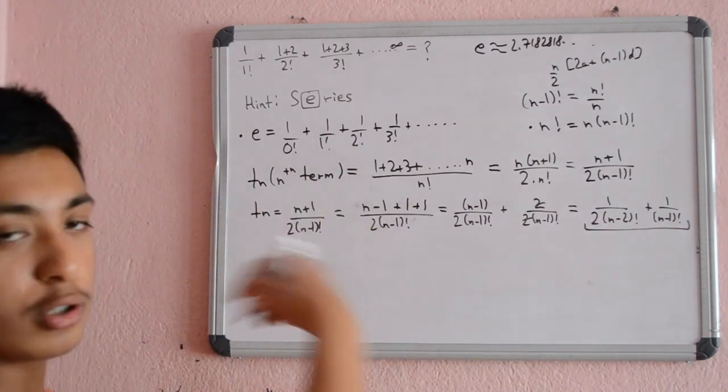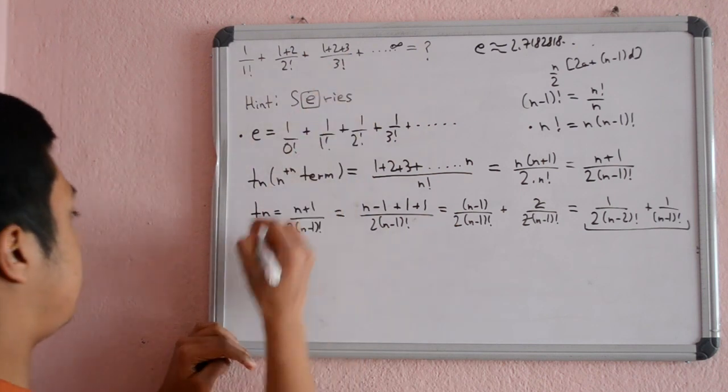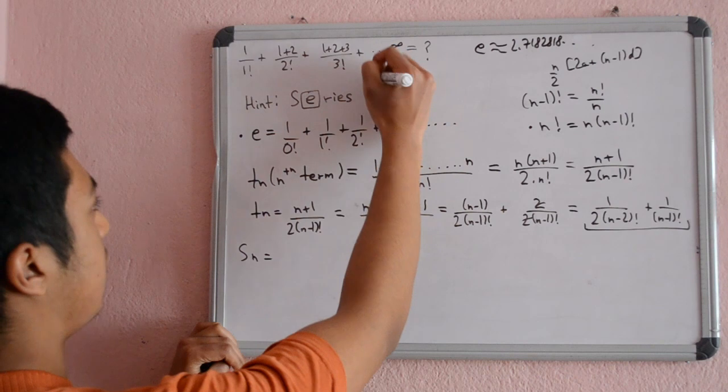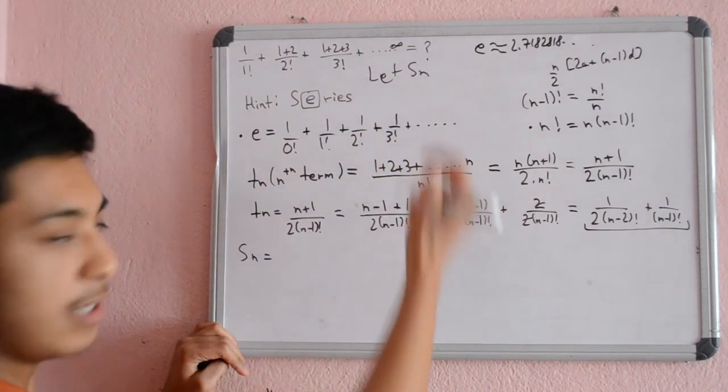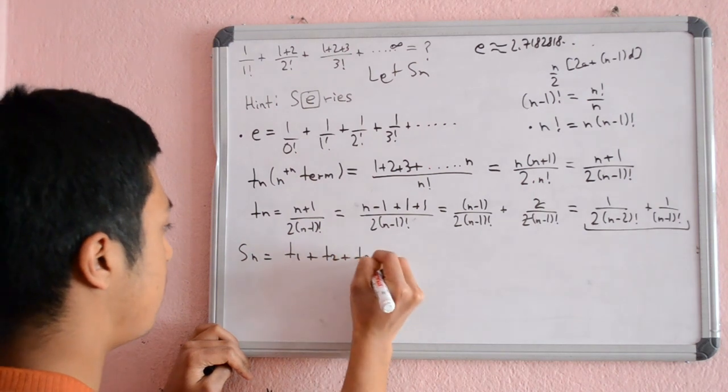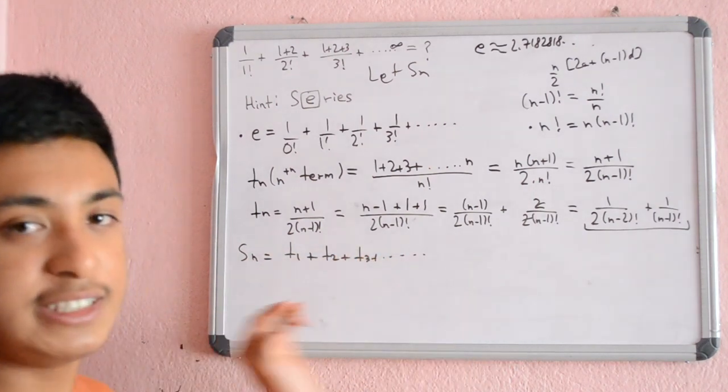Now, as I talked about earlier, this series, I'll just write Sn, is just t1 plus t2 plus t3 plus and so on till t infinity.